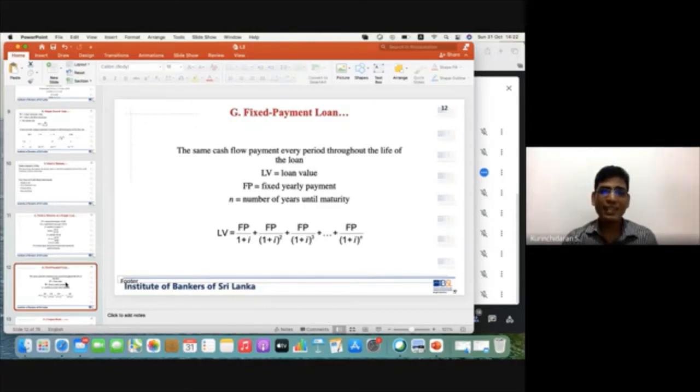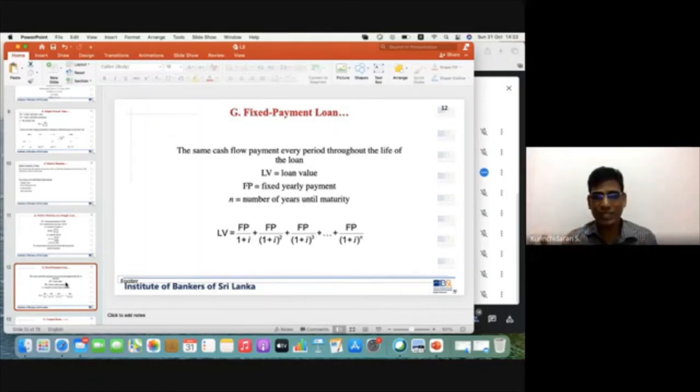In the sense, the fixed payment loan, you are giving a housing loan, that is the loan value. But every month, or for simplicity, I'm taking annual repayment. So you'll be getting fixed payments from the customer, and every time you have to discount.